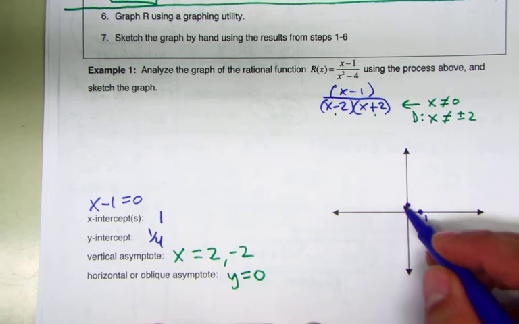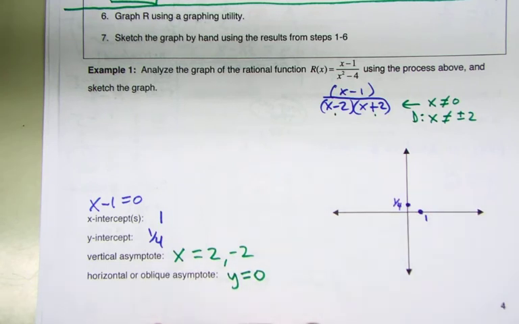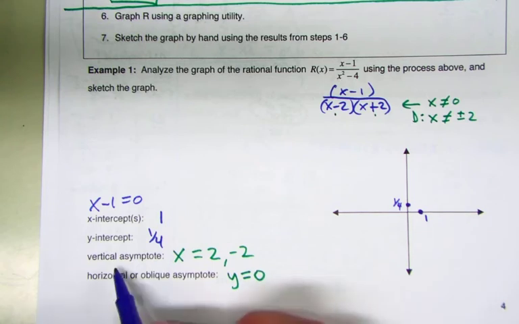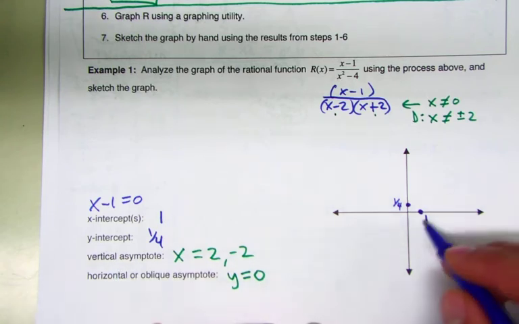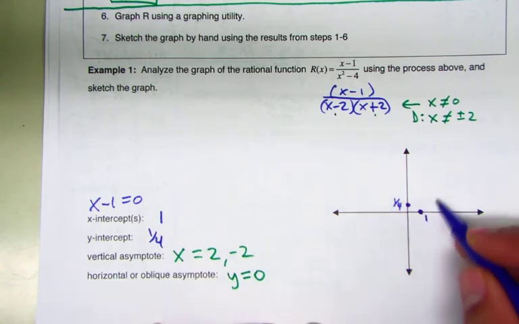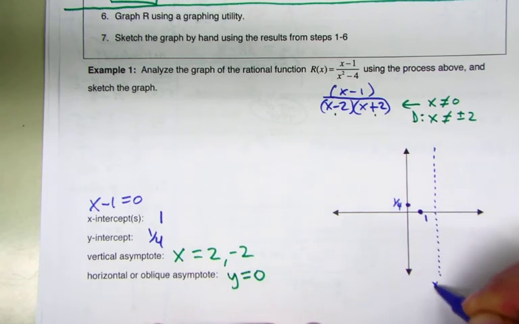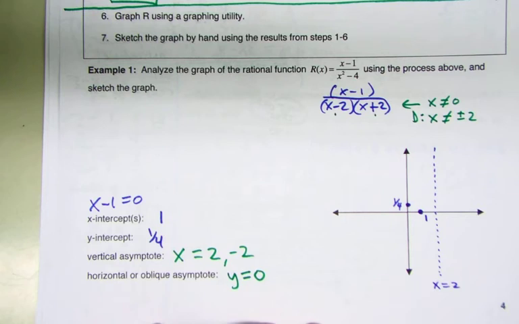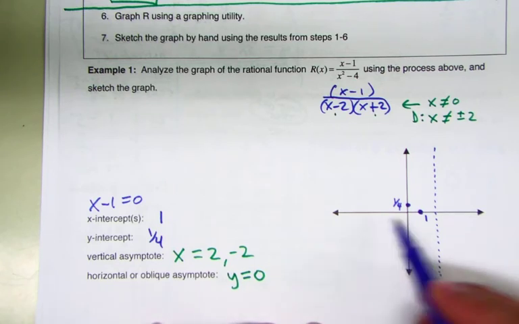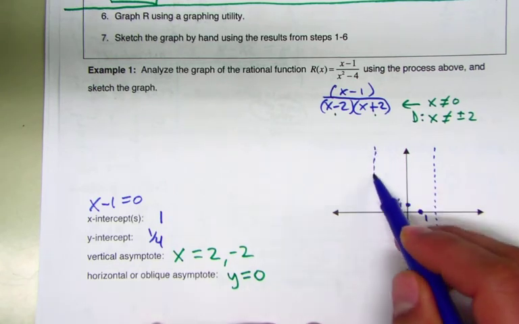So I'm just going to put a point and label it 1/4. We have two asymptotes. x equals 2. If this is 1, then 2 is just a little bit to the right. I'm going to put my dotted or dashed line and label it x equals 2. Also, on the other side, at -2.